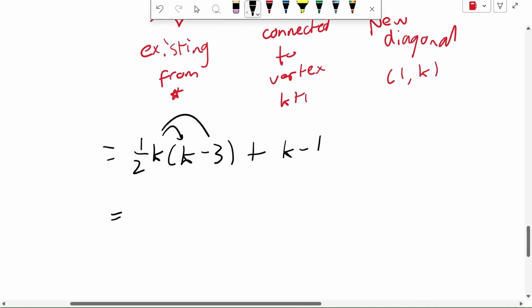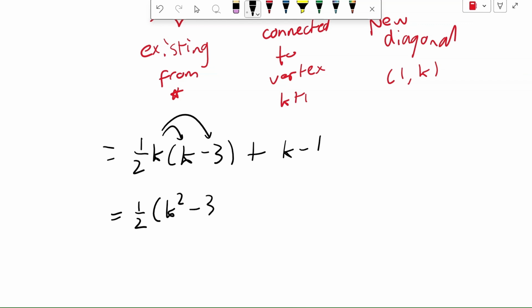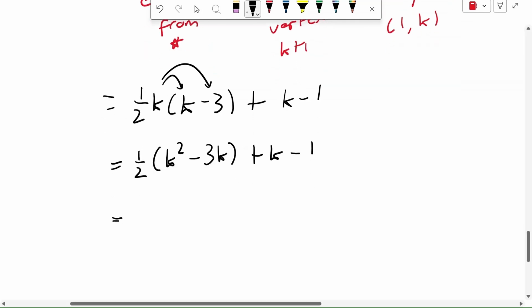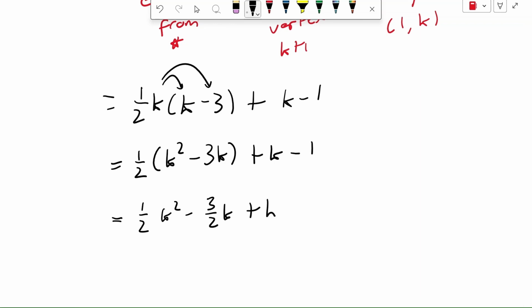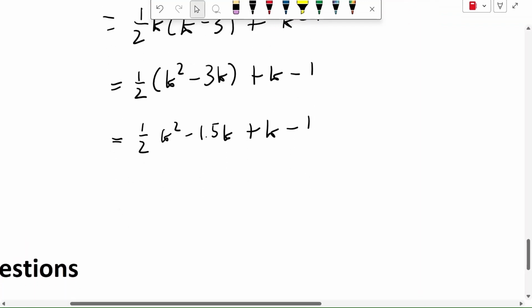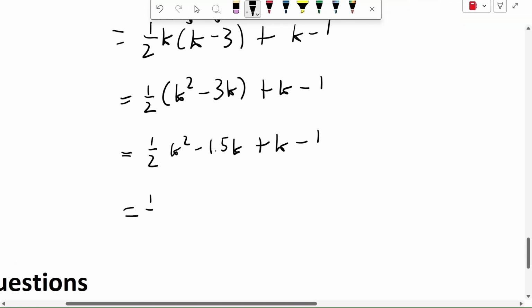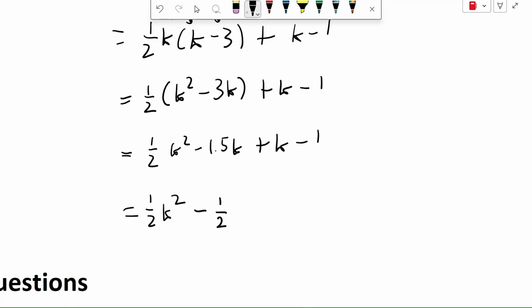Let's expand the k in first. We're going to get a half, and then k squared minus 3k, and then I'm going to be adding on k minus 1. We can actually expand the half in, so you get half k squared minus 3 halves of k plus k minus 1. I might write this one as 1.5 to make the addition look clearer. With this middle term, you've got minus 1.5 and plus 1, so you're going to end up with minus 0.5.